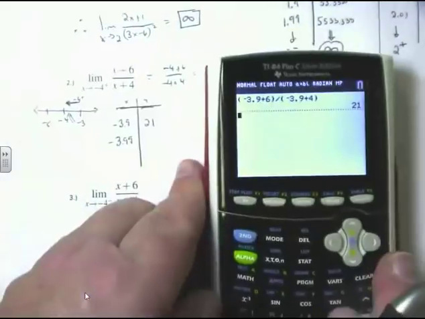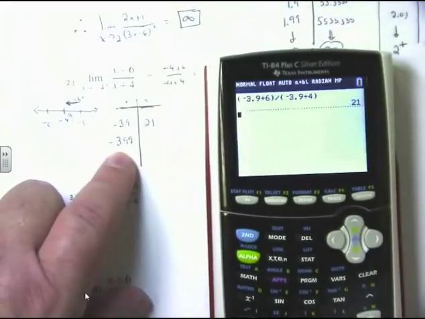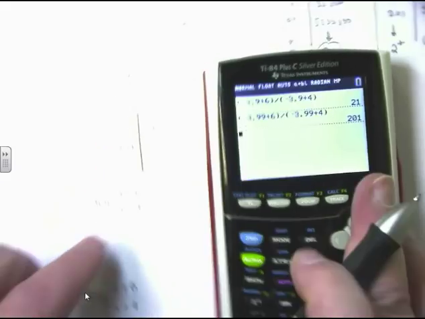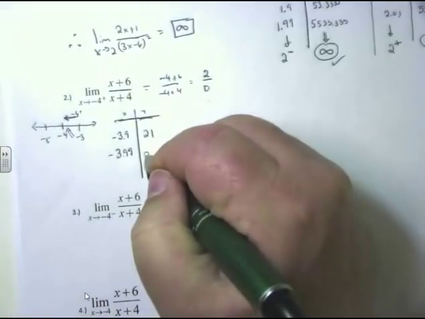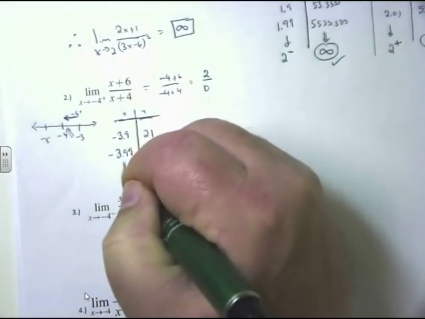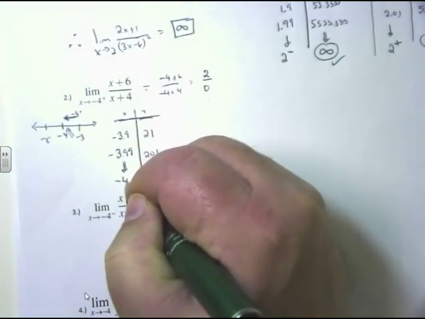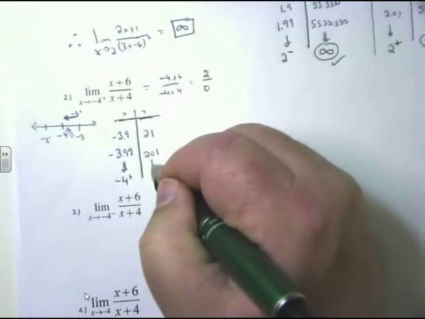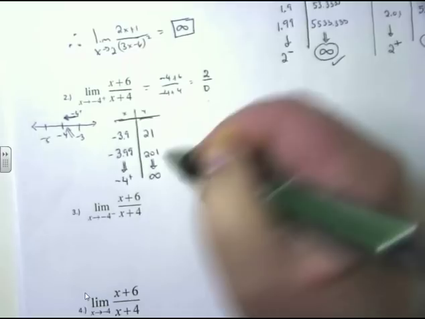Now I'm going to plug in negative 3.99, parentheses negative 3.99 plus 6, divided by parentheses negative 3.99 plus 4. I get 201. So as we approach negative 4 on the plus side, I'm going from 21 to 201. My numbers took a big jump, so it must be going towards positive infinity.